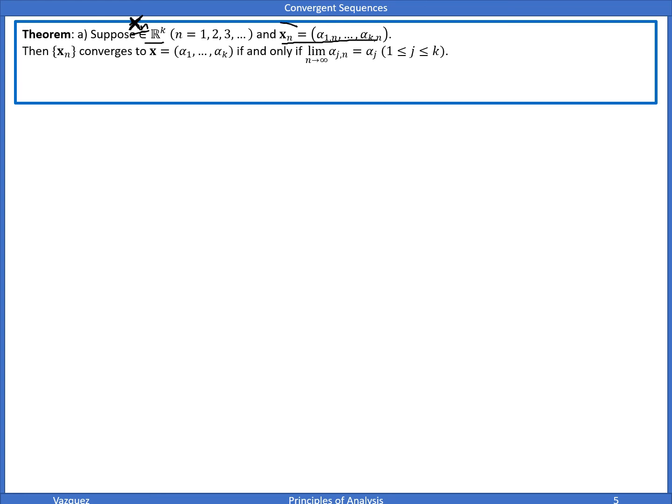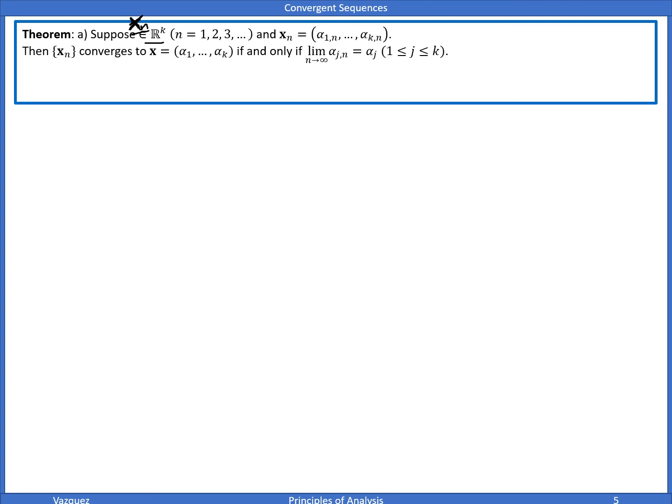So here I have it, x sub n. Actually, I should have used black. x sub n is of that form. Then x sub n converges to x equals alpha sub 1 through alpha sub k if and only if the limit of a sub j n as n goes to infinity is equal to a sub j.